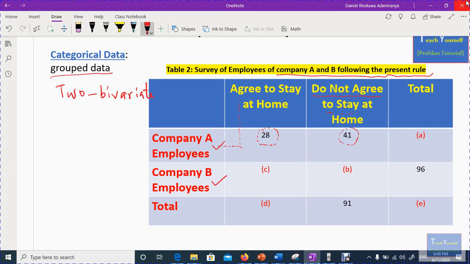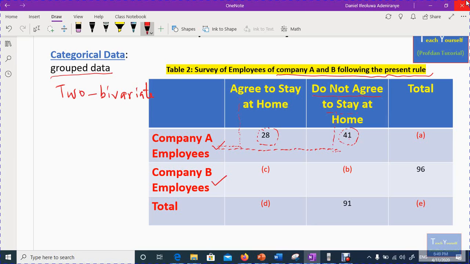This 41 belongs to the column that reads do not agree to stay at home, and it belongs to the row that says company A employees. So for the row company A employees, those that do not agree to stay at home are 41. You see that?